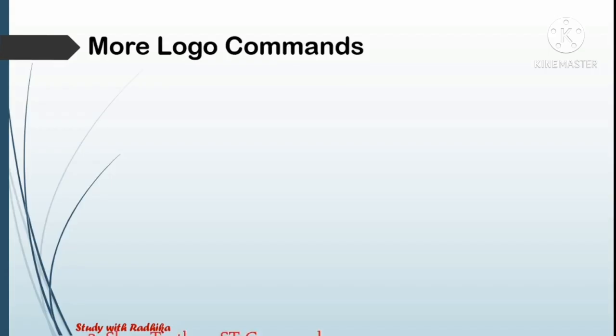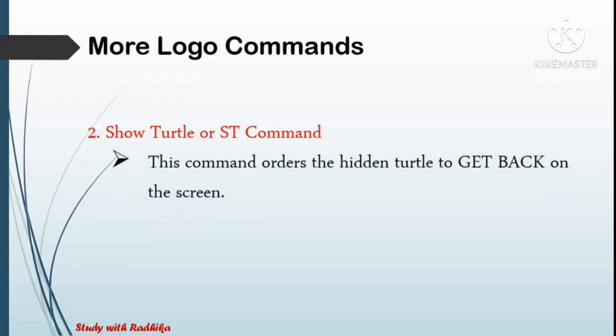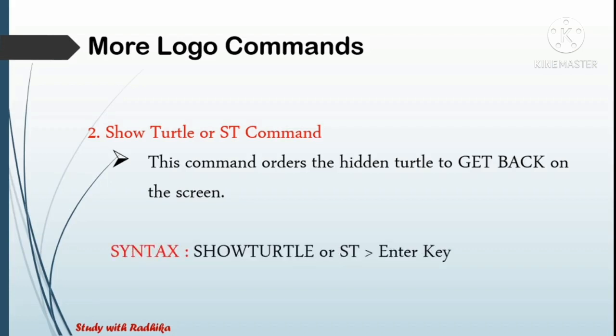Okay, the next command is show turtle or ST command. This command orders the hidden turtle to get back on the screen. The syntax is show turtle or ST, then press the enter key.